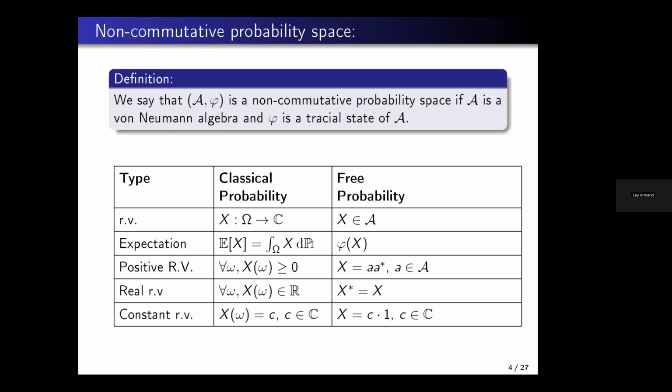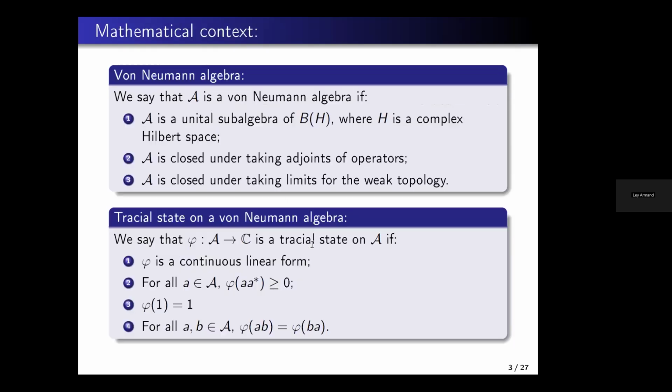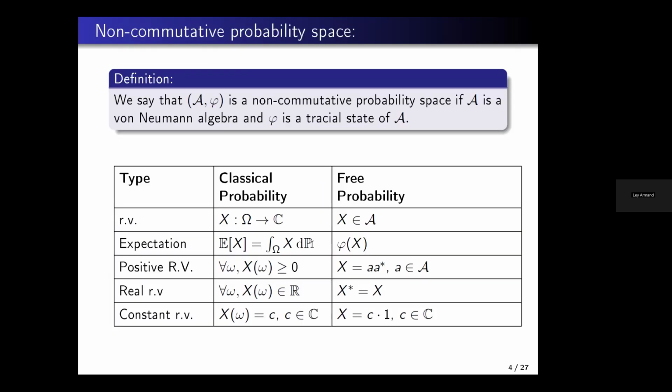In free probability it is just the tracial state evaluated in A. I will return to one of the axioms in the definition of phi. We ask that phi of A A star is positive, which has an equivalent property in probability theory: you ask that the expectation of positive random variables is positive.